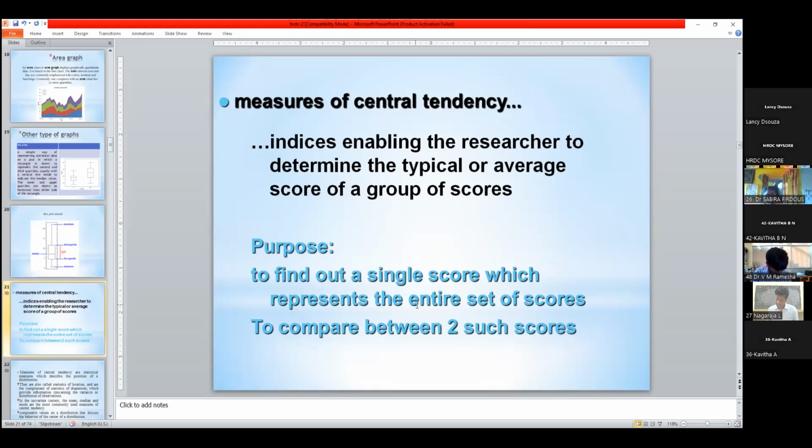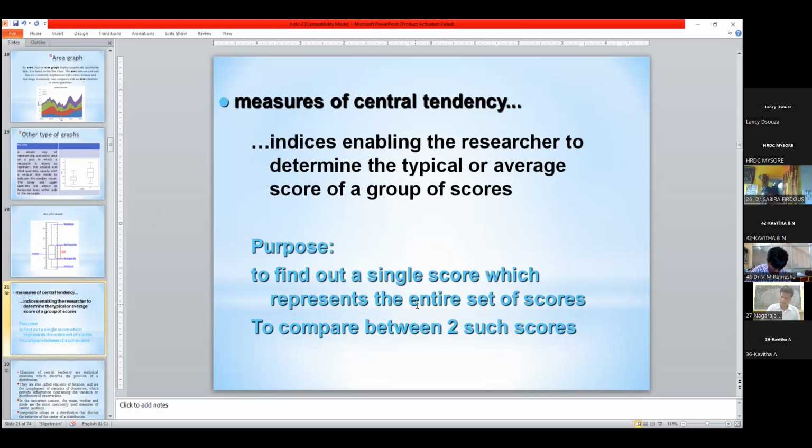Suppose you have got several scores in your data, raw scores, and you pool them and divide by that many numbers, you will get a mean. So you get a single score from the entire set of data, which represents the entire set of scores.